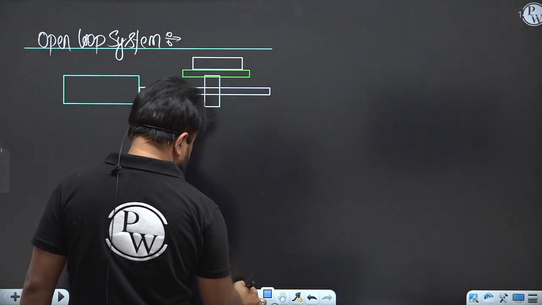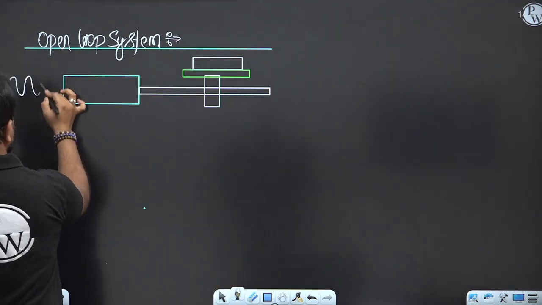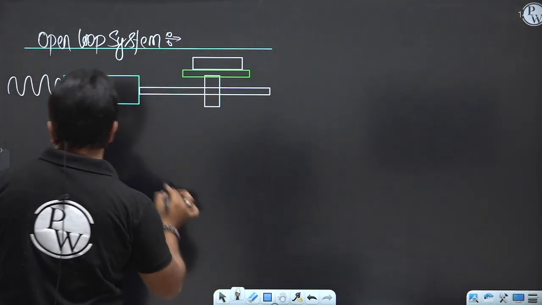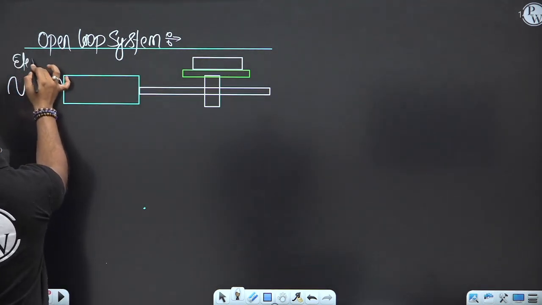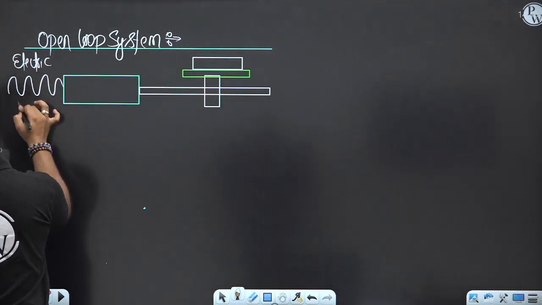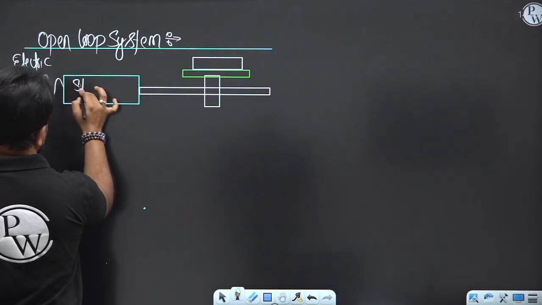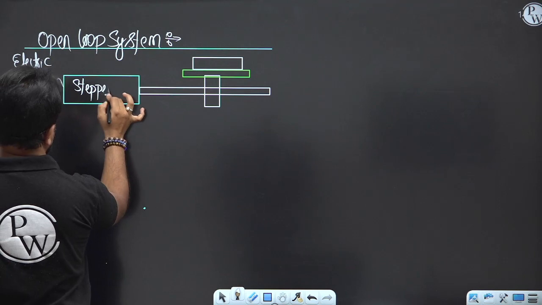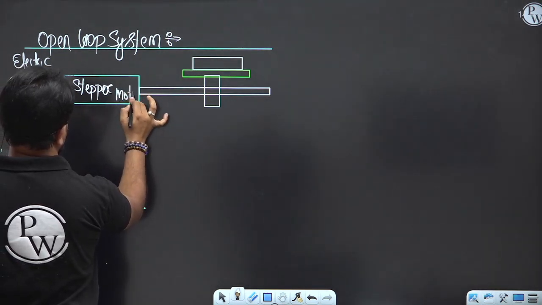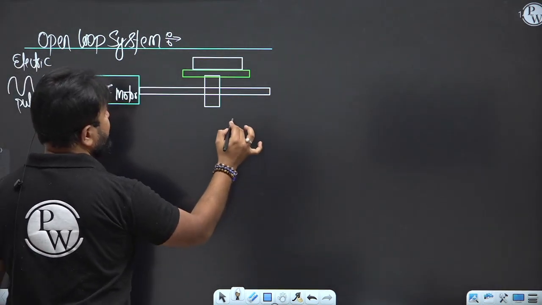Now let me explain this concept. This is the electric pulse. Here this is the stepper motor. Now this is a lead screw.